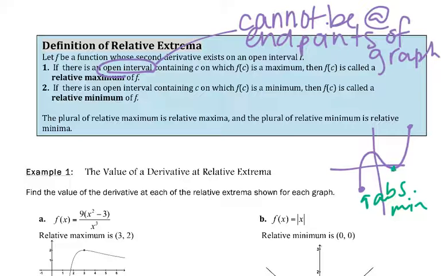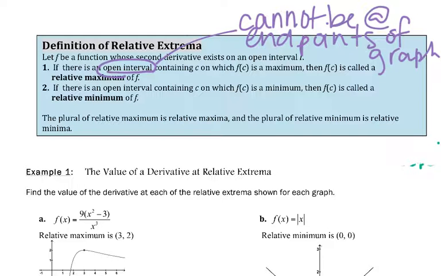This point here is a relative min because it's not on an endpoint and it's still the minimum value in an open interval around it, for example. Okay, so relative mins and maxes cannot exist at endpoints. Let me erase this so we have some more space to work.